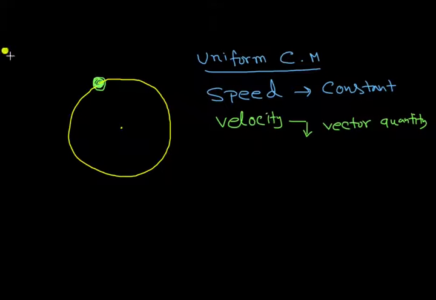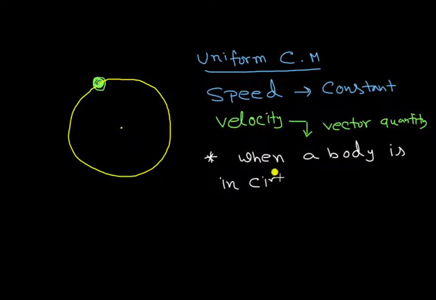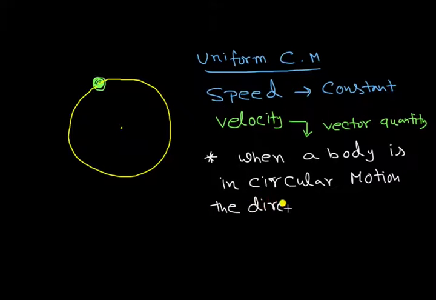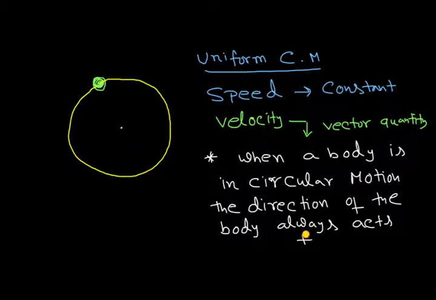Now, one thing that we have to know: when a body is in circular motion, that may be uniform or non-uniform, it does not matter, the direction of motion always acts tangentially.